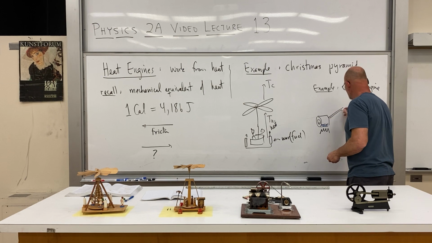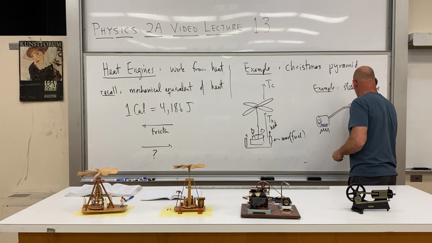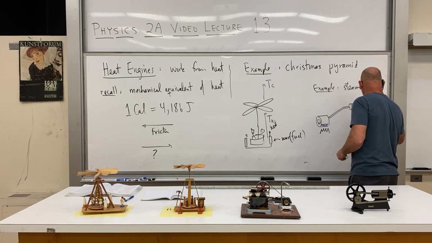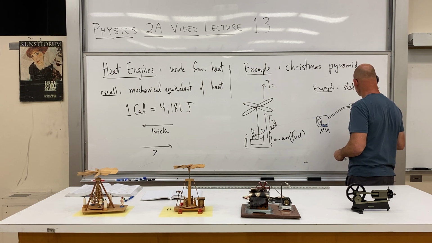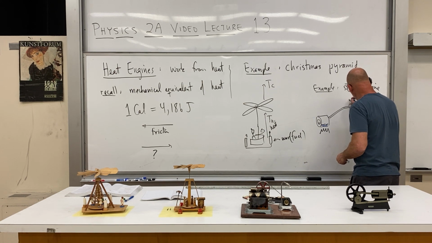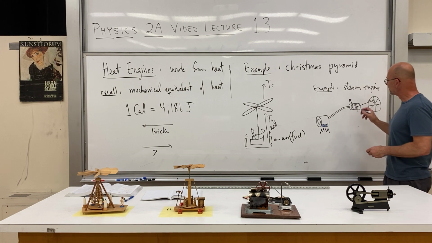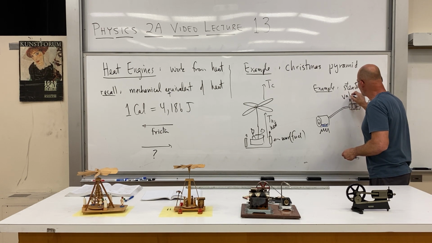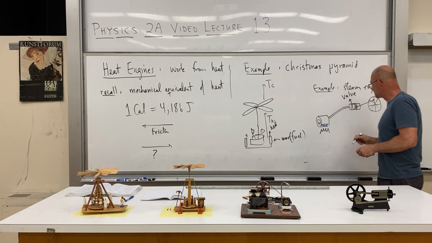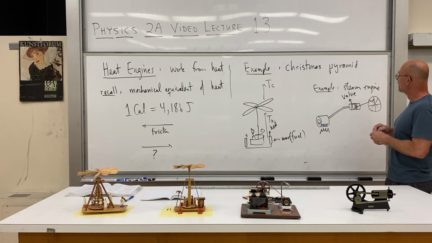We've got a connection to a cylinder with a piston inside, connecting rod to a flywheel, okay? And very crucial is that there has to be a valve that releases steam, okay?